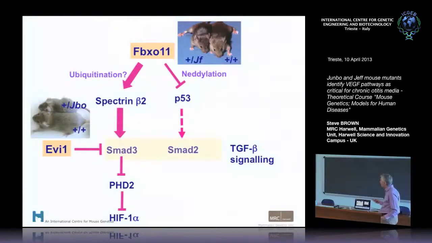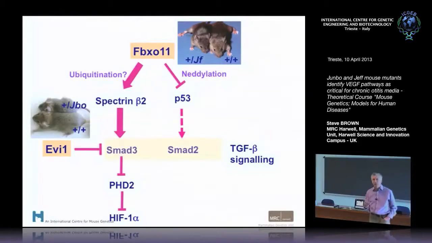But we also know that FBOX11 is involved in neddylating p53, which is a cofactor of SMAD2 involved with TGF-beta signaling as well. So from that perspective, the other thing we know is that EVI1 is a repressor of SMAD3 in TGF-beta signaling. So both of these molecules are impacting upon TGF-beta signaling.